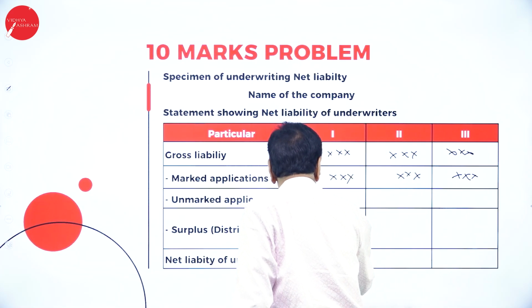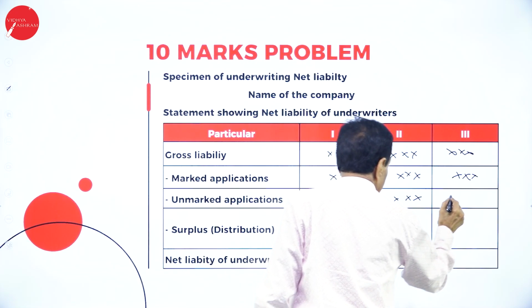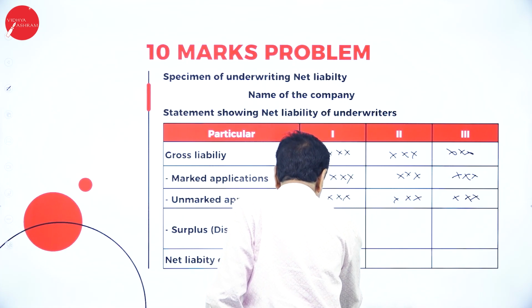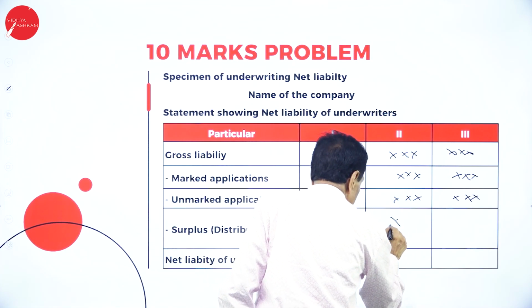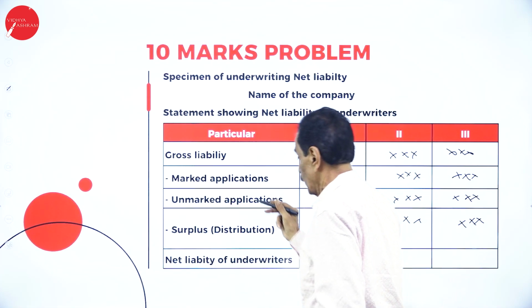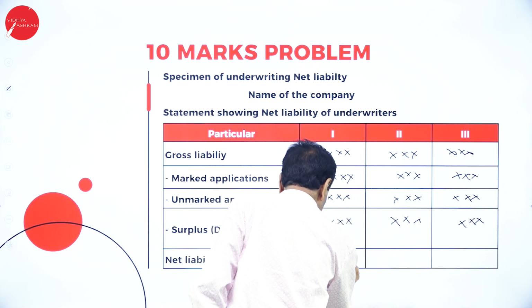Next is unmarked applications. Then surplus. Whatever is leftover is called net liability of the underwriter.